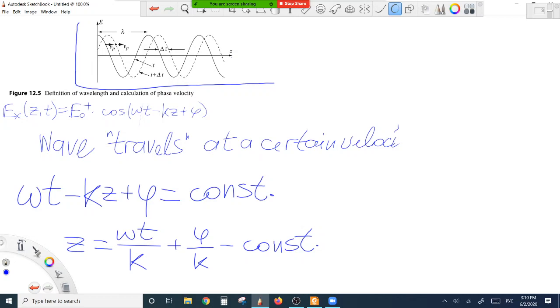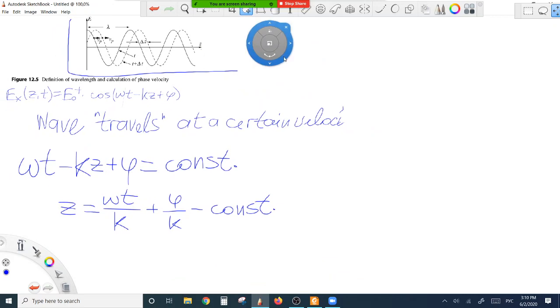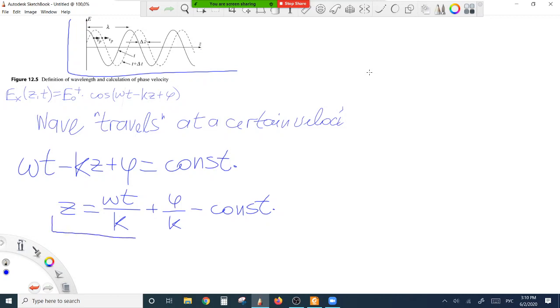Okay, let me decrease a bit more. So the coordinate of this point along z changes in this way.